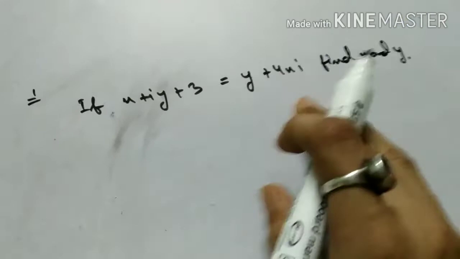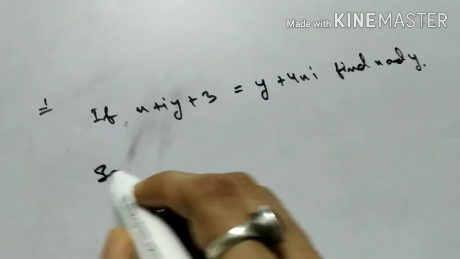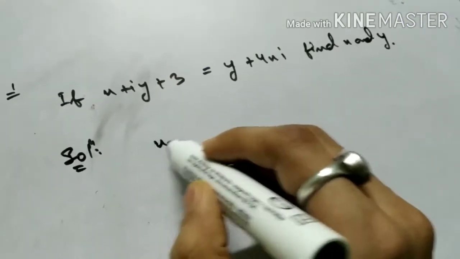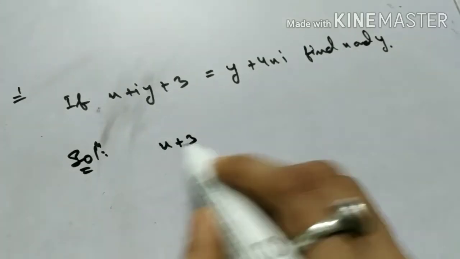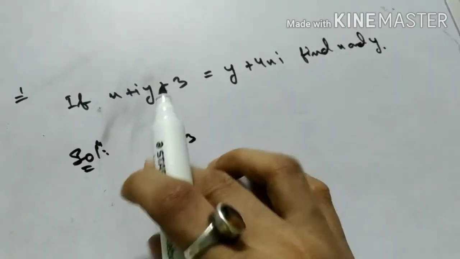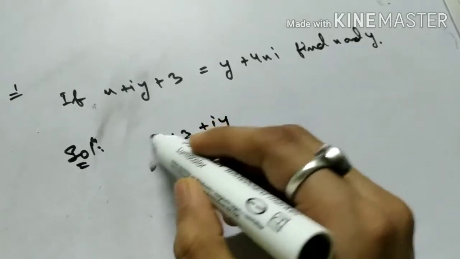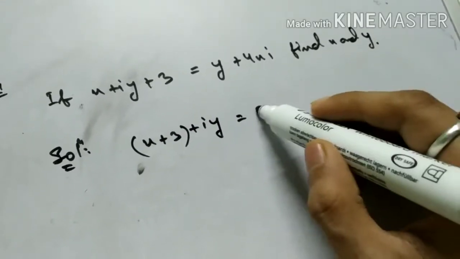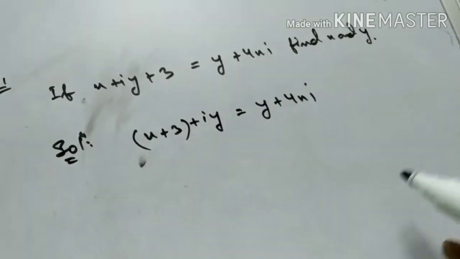Now it is saying that these two complex numbers are equal. So solution, I will write that x plus 3, this is the real part, plus iy, is equal to y plus 4xi.